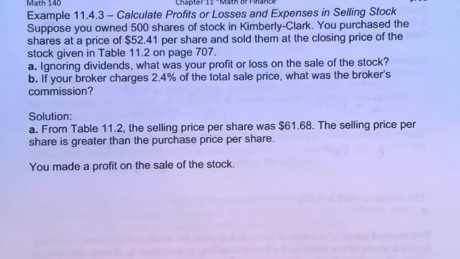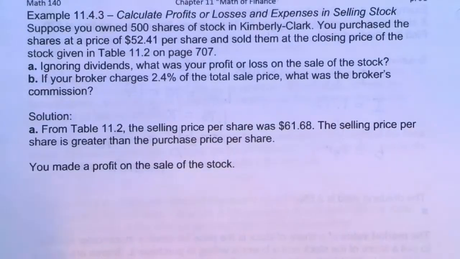Next, we're going to look at example 11.4.3. For this one, you need the table on page 707. It's called table 11.2. So the big idea here is that we're trying to figure out the profit that we make from the stock. In part A, we're going to ignore the dividends and figure out if there's profit or loss. And then in part B, we're trying to figure out how much the broker gets.